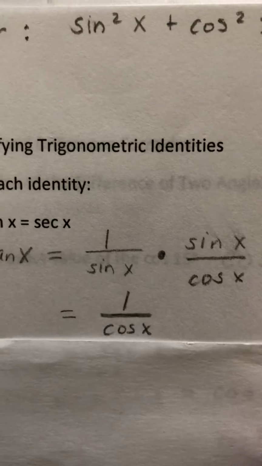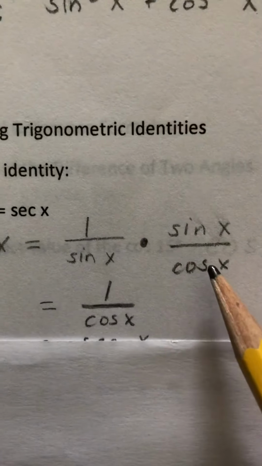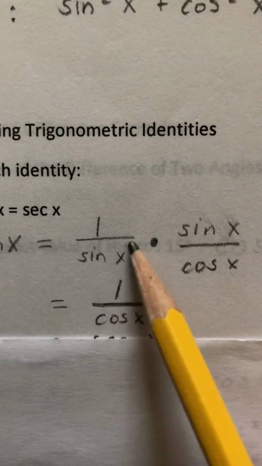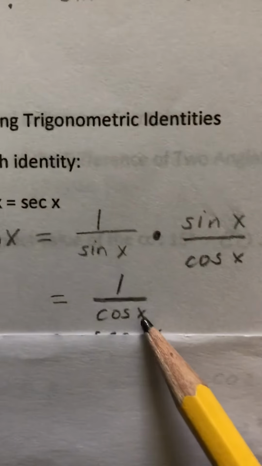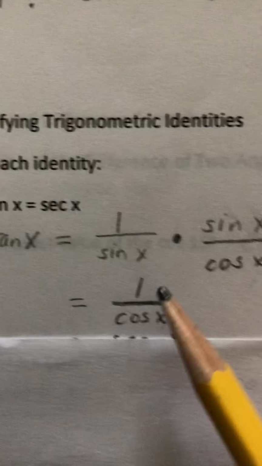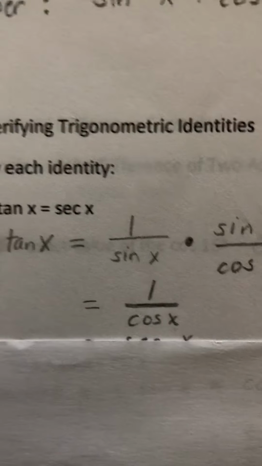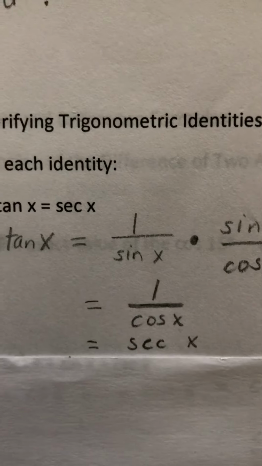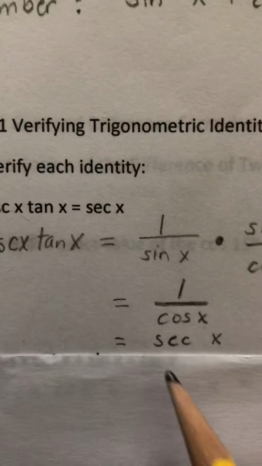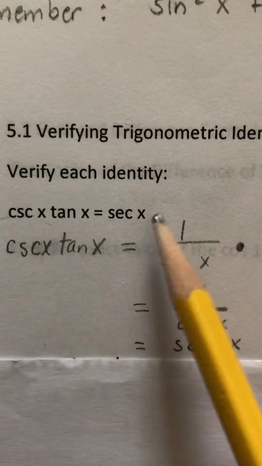When I multiply fractions, I multiply the numerators and multiply the denominators, but the sine of x is going to cancel the sine of x, and that's how I'm left with 1 over the cosine of x. But the reciprocal of the cosine of x is equal to the secant of x. And so at the very end, you should get this.